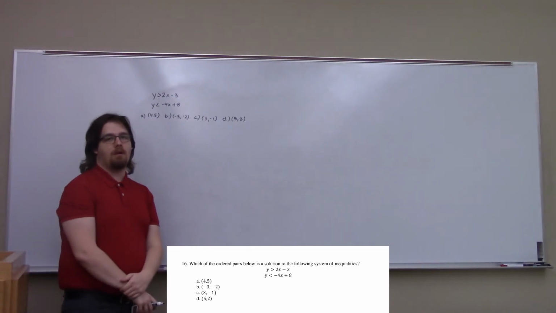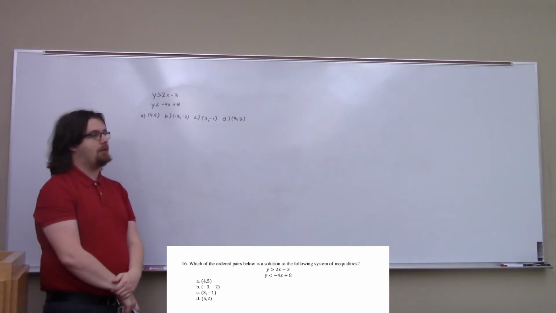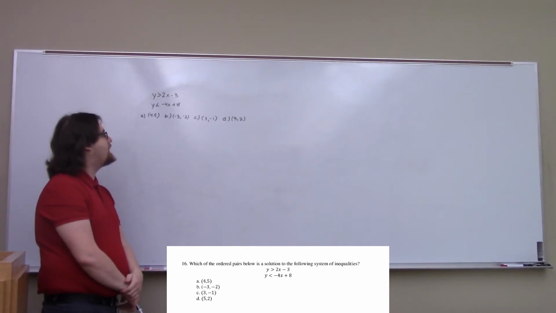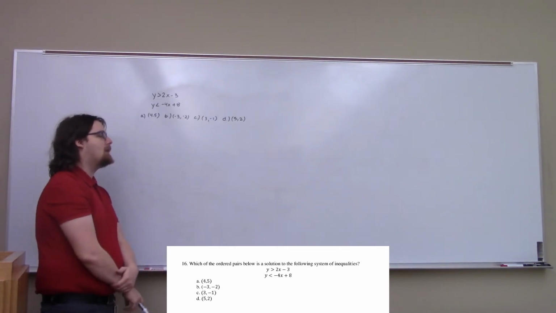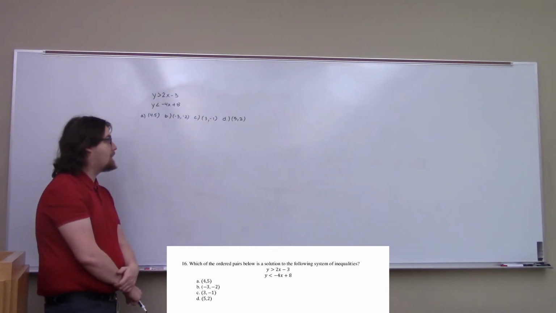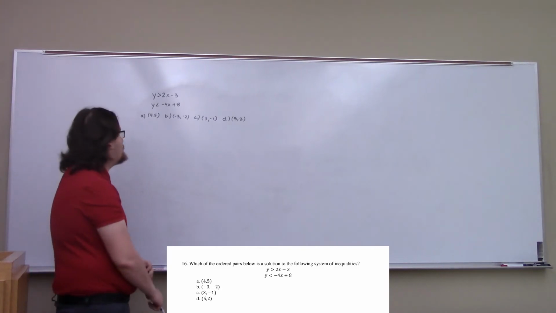Alright, here we have problem number 6 from test 2 from the test prep books, TSI assessment. We're given this system of inequalities and asked to determine which of the following coordinates is a solution to the set of inequalities. There are two different ways that we can solve this problem. The first way that we're going to look at is to use something called a test point.